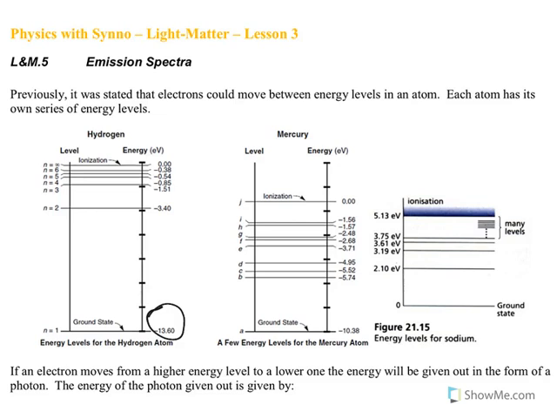Now you notice the sodium one is labelled differently: the ground state is 0, and up here ionisation is 5.13. So for an electron in the ground state of sodium, an outer shell one, to rip it off you have to put in 5.13 electron volts. It's the difference between those that we're after.